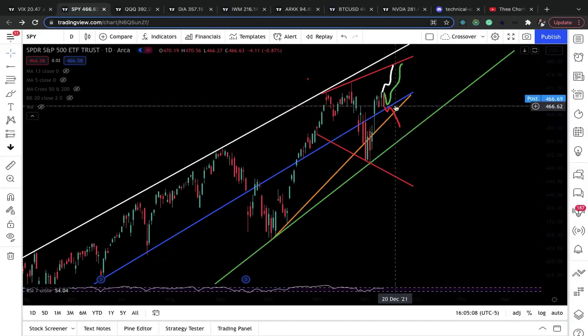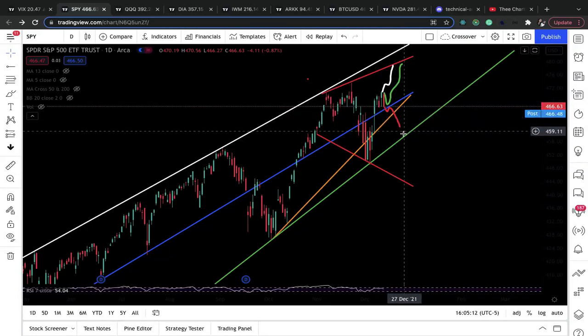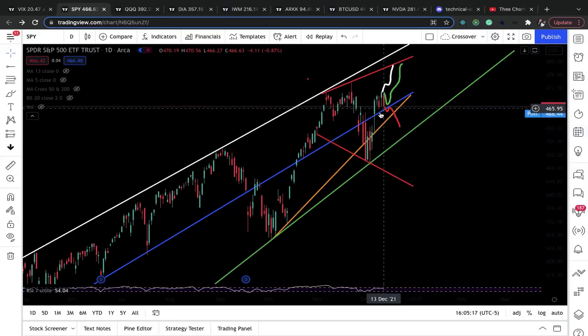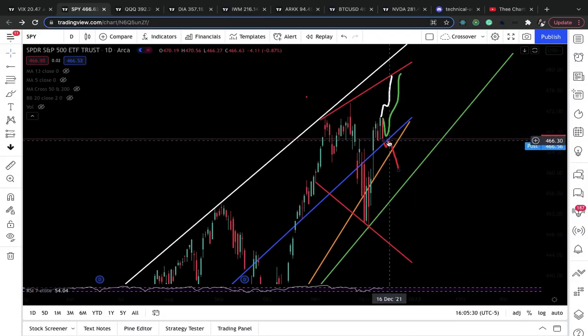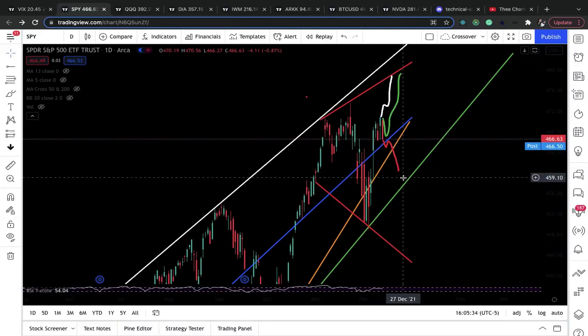We can head down to 461 first, maybe to the 458 range, possibly lower, guys. So if we lose this blue support line, I will be switching over to bearish. Okay, you see how I drew that in? It breaks the support, retests. The retest is where you want to enter, and then you bet to the downside.